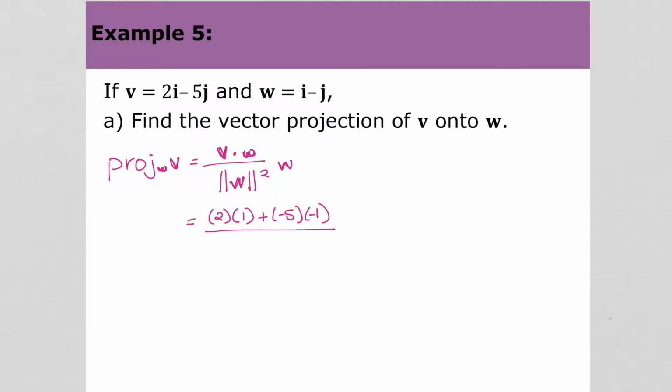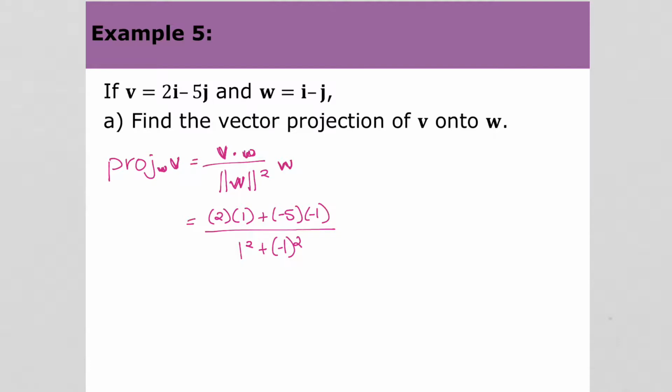The magnitude of W squared, don't write this yet, the magnitude of W would be the square root of 1 squared plus negative 1 squared. And the magnitude of W squared gets rid of the square root and the square. Okay? So you're just left with 1 squared plus negative 1 squared down here on the bottom.